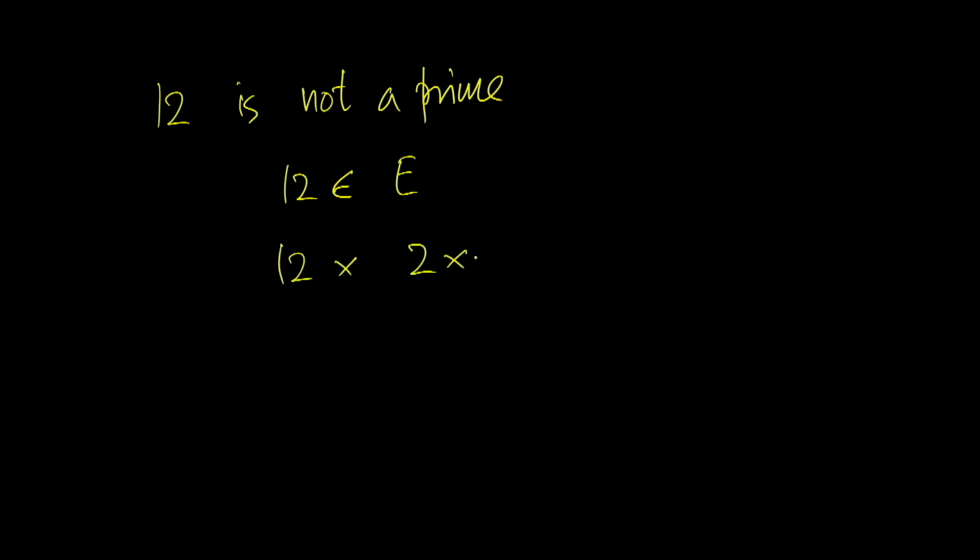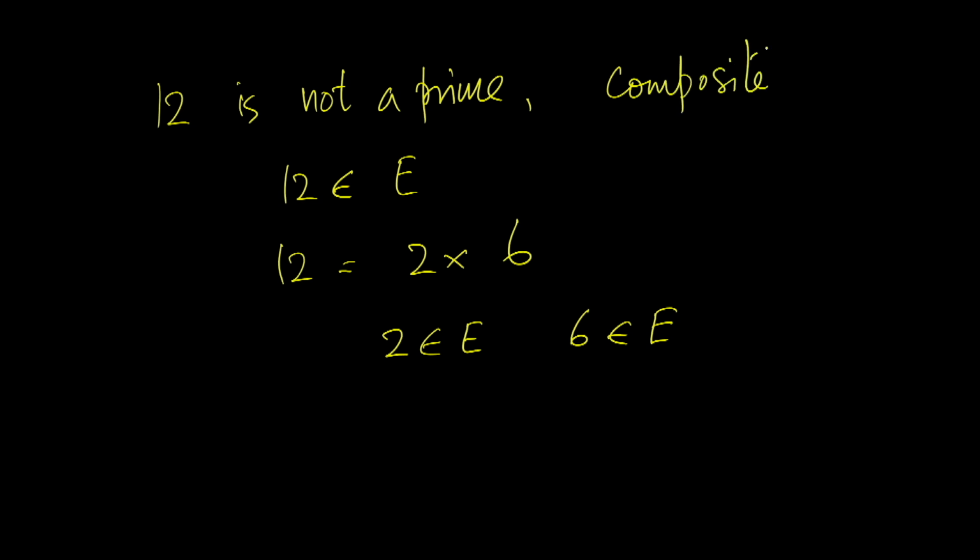But 12 is not a prime. That is because 12 belongs to E, and 12 can be expressed as 2 into 6, where 2 is an even number and 6 is also an even number. Therefore, 12 is not a prime, 12 is a composite within the system.